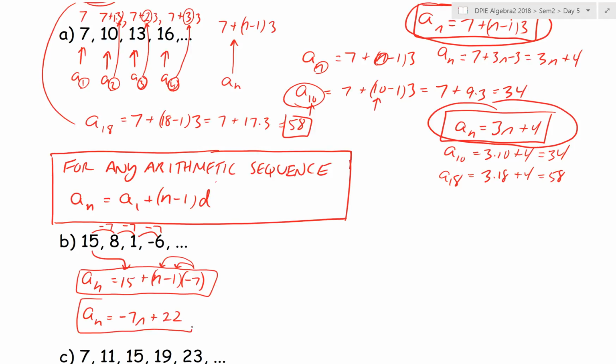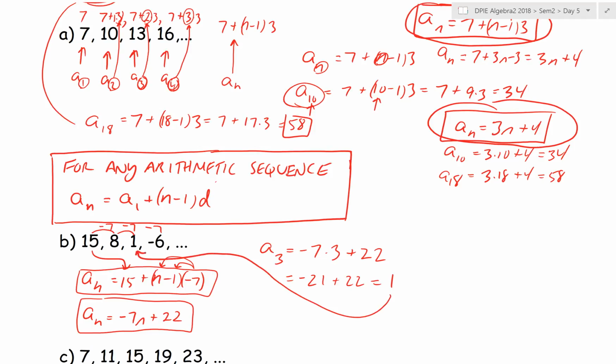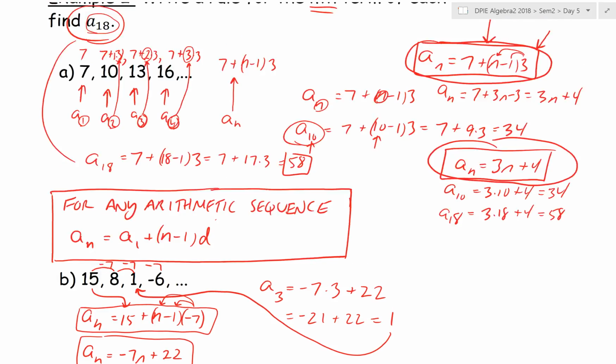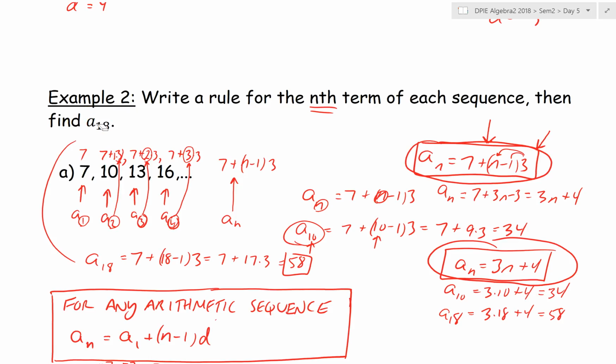And so we can try that. Since we know that the third term is 1, let's try it out and see if it works. So a sub 3, the third term, should be negative 7 times 3 plus 22. Well, that's negative 21 plus 22, which is 1, and that matches what our sequence says for the third term. So it looks like our formula works. Now we still have the same directions that we did up above. We're supposed to be finding the 18th term.